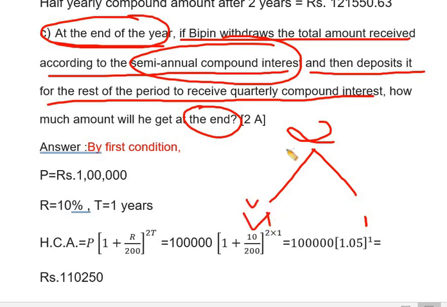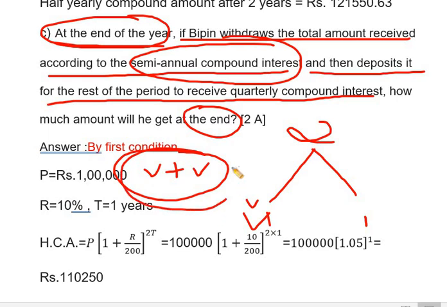After that, he withdraws all the amount, which means principal plus interest, and deposits it for the second year to get the quarterly compound interest.